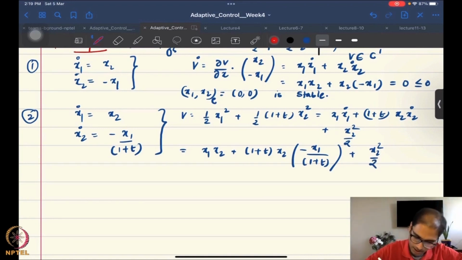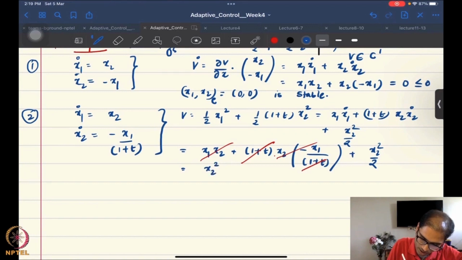So something nice does happen. This 1 plus t cancels out, and therefore this cancels with this. This is why I chose something like this. But then something really bad also happens because I end up with x2 squared by 2. This is not nice, to say the least, right?